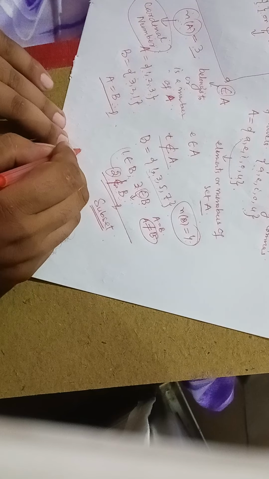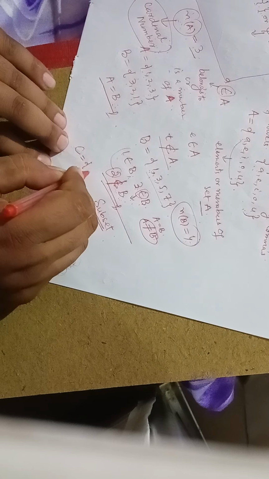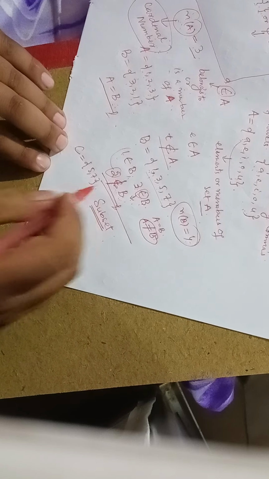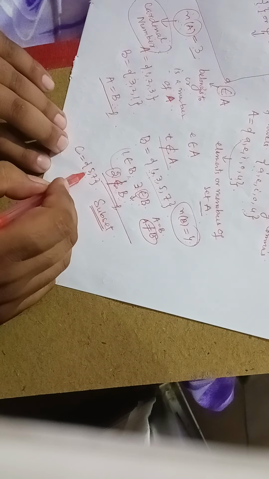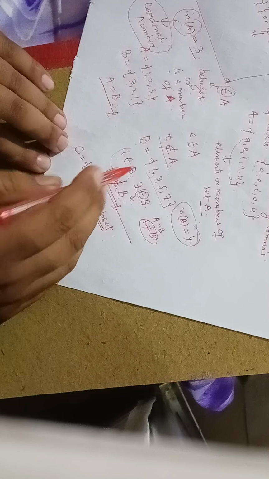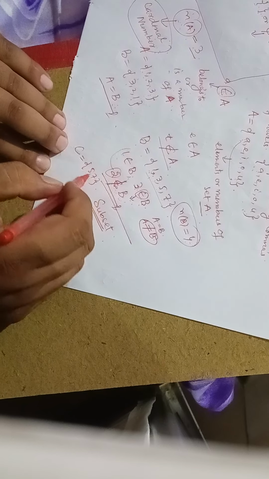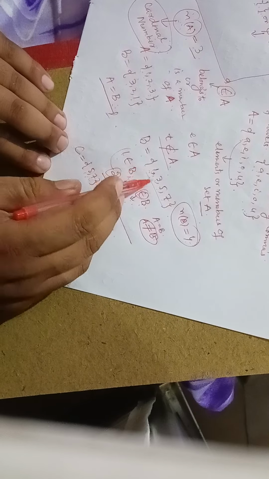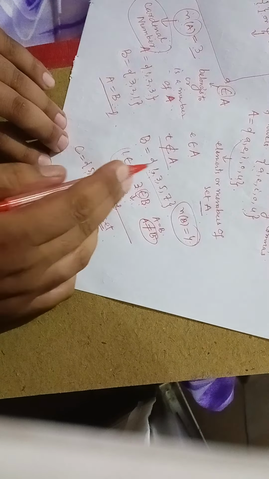If I write here C is equal to 5, 7, you can see the elements of C are also the elements of B. All the elements of C are present in set B. So I can say C is a subset of B.